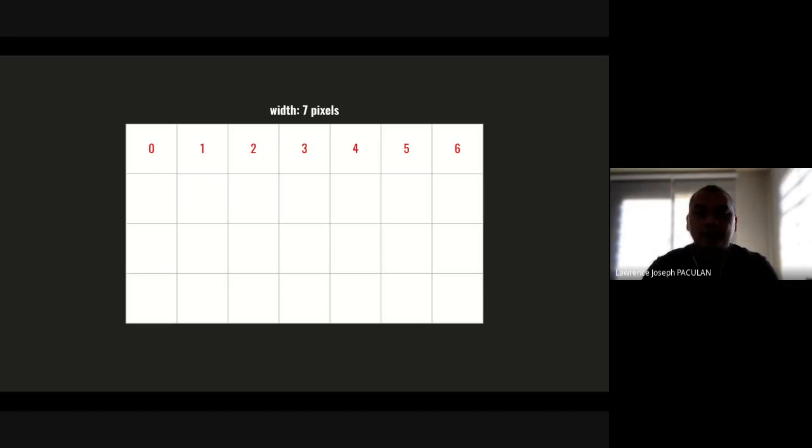So here we start with 0. This is important because eventually in our programs and formulas, we need to take into consideration the 0 as a starting point. When I talk about an index, it means the location of a particular pixel.